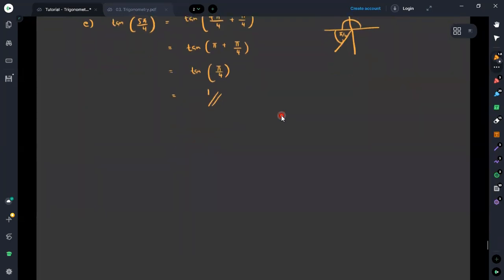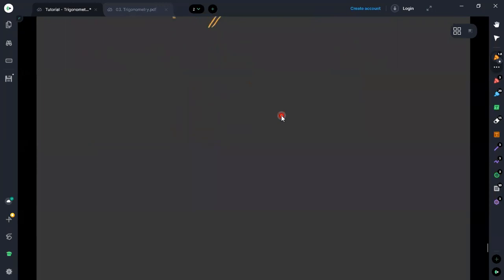Extending the same concept to cosines, here we are going to discuss part I. It is cosine of 16 times 5 over 3. We can write this as cosine of 15 times 5 over 3, taking it as the odd multiplier by cancelling the 15 with 3, plus another 5 over 3.